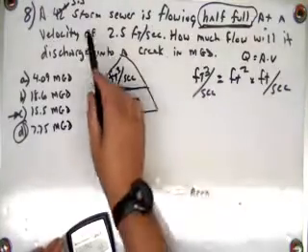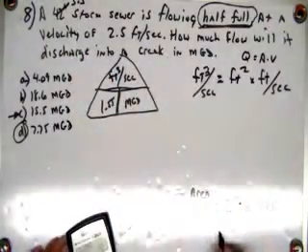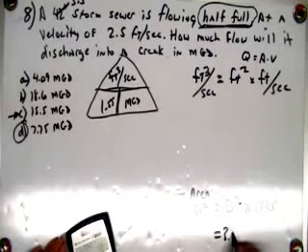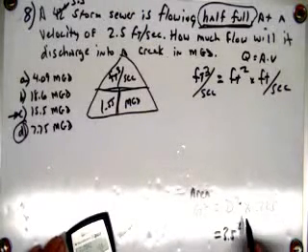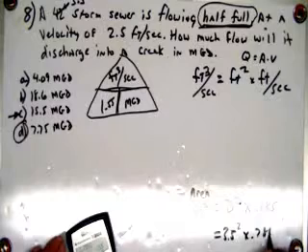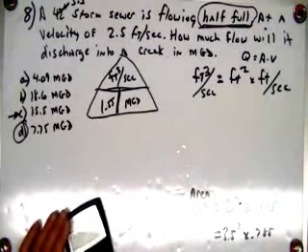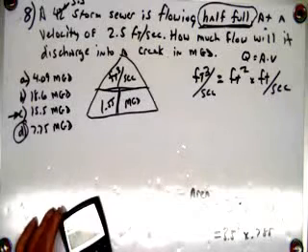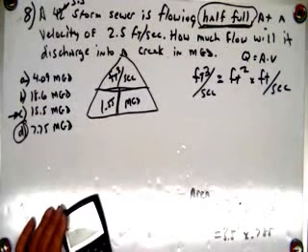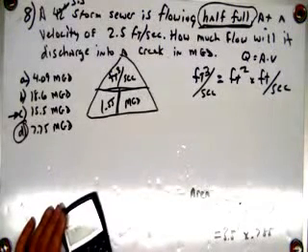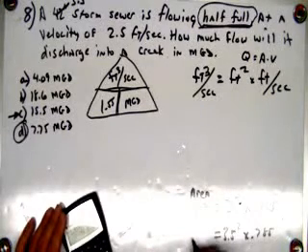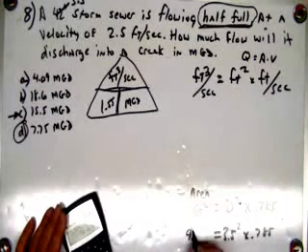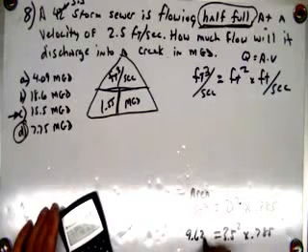So I've got 3.5 feet, so I'm going to go area in feet squared equals 3.5 squared times 0.785. That's going to give me 9.62.